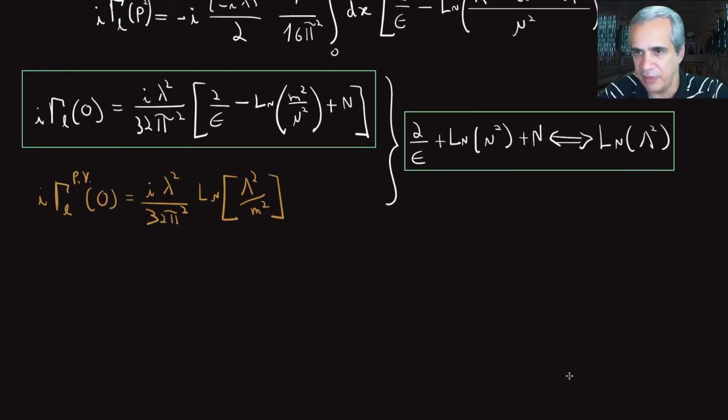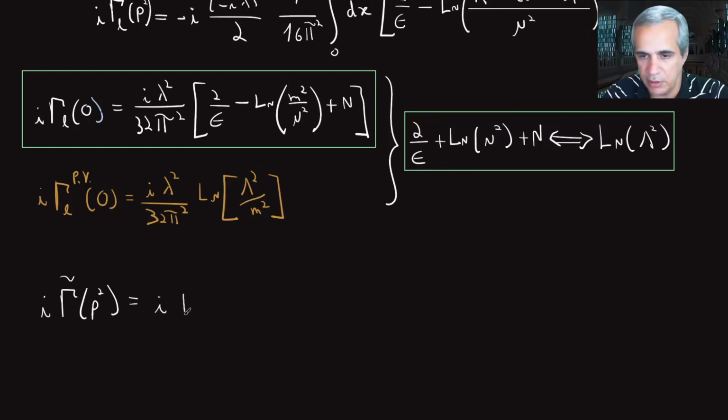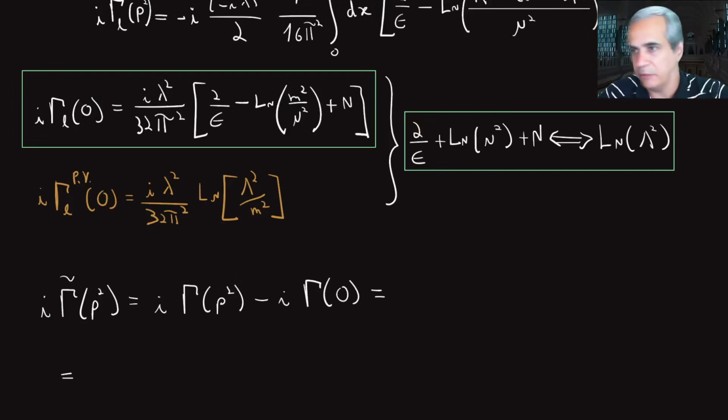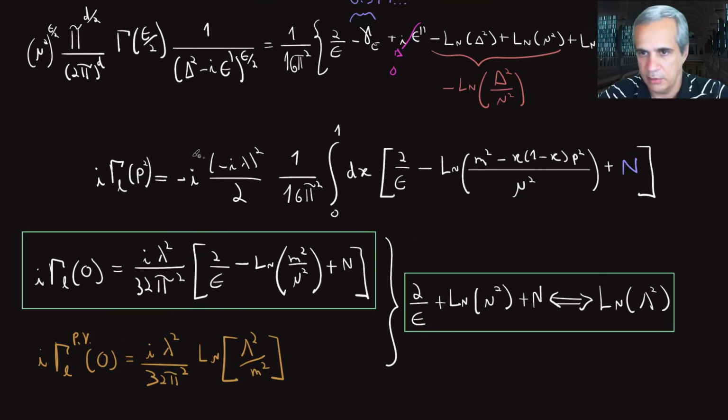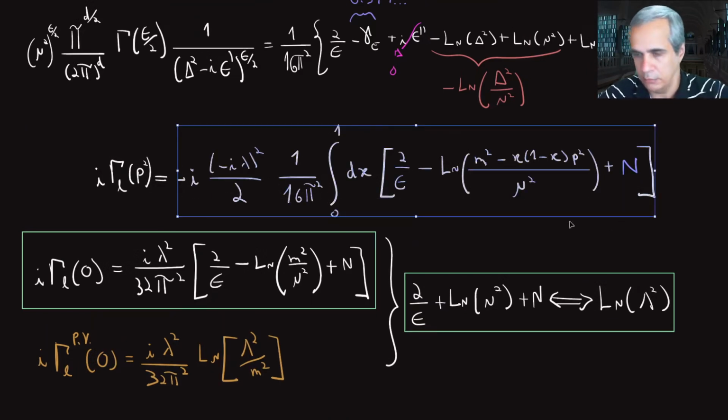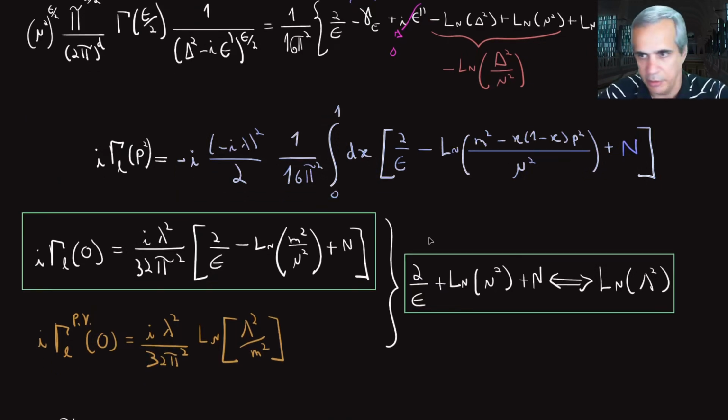That function is what we call gamma tilde. So i gamma tilde of p squared is equal to i gamma of p squared minus i gamma 0, which now we can calculate pretty easily. Let me just copy this guy down here.